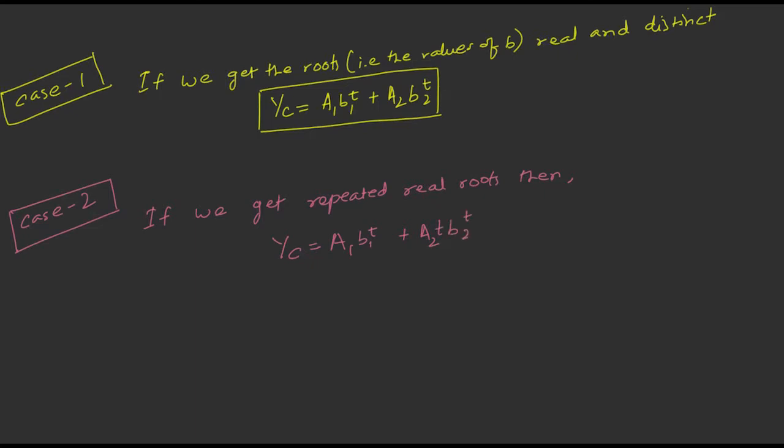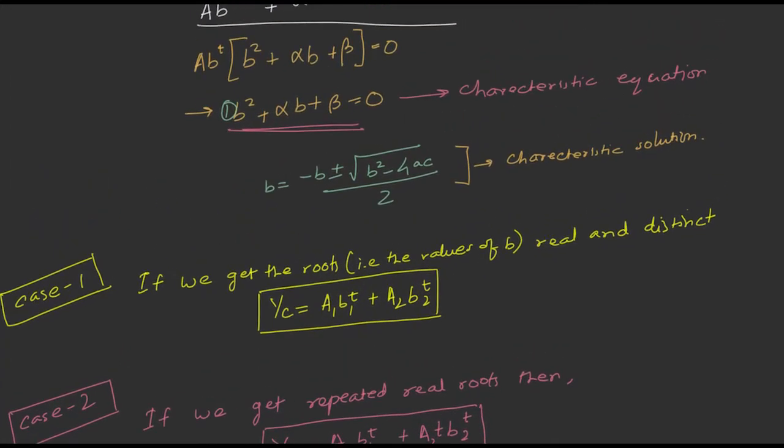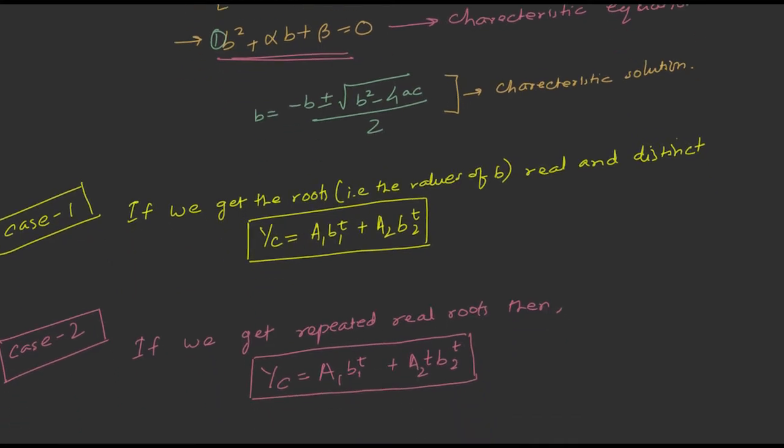There will be only one extra t in front, multiplied to a2. This is the case when the values of b are equal and real, both equal numbers. If we get repeated real roots, then yc will be this.